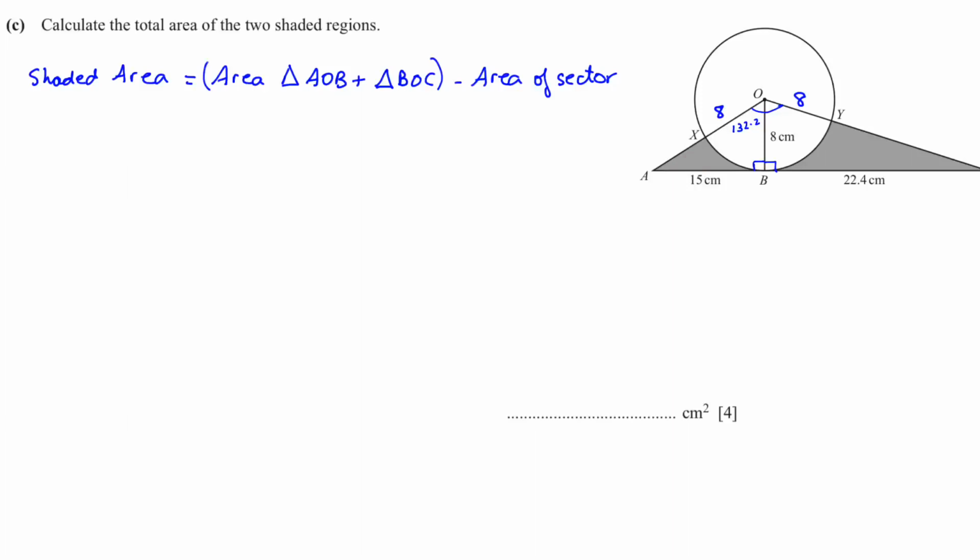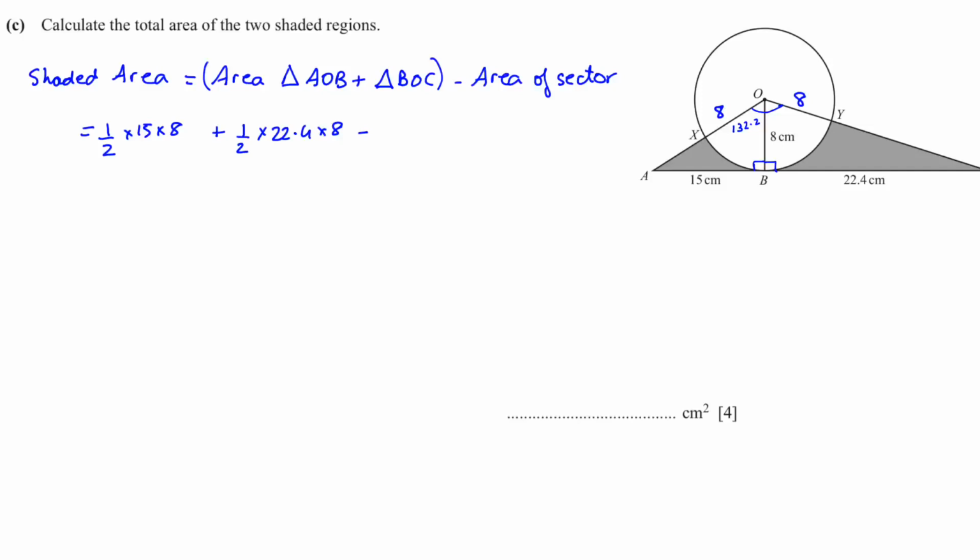Area of triangle AOB and BOC we'll find by using half times base times height, as they are right angled triangles. So half times 15 times 8 plus half times 22.4 times 8 minus area of sector.